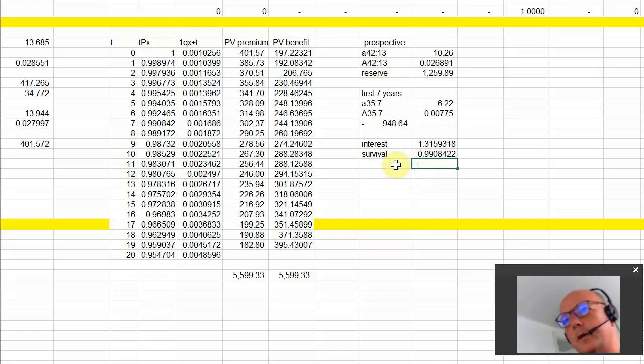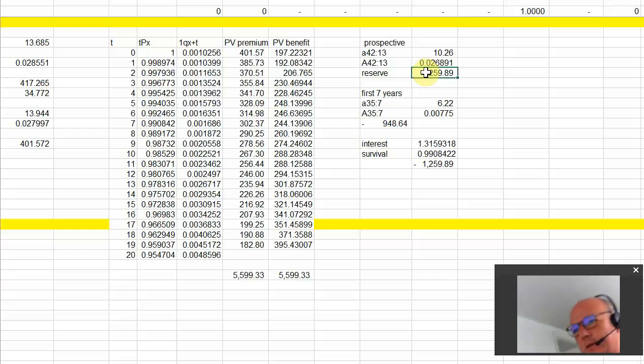So this figure needs to be multiplied by rolling up the interest and divided by the survival. Okay, and you see the two figures are the same. I very strongly recommend you do that calculation yourself by hand and make sure you get those figures, because that really confirms what's going on is working.